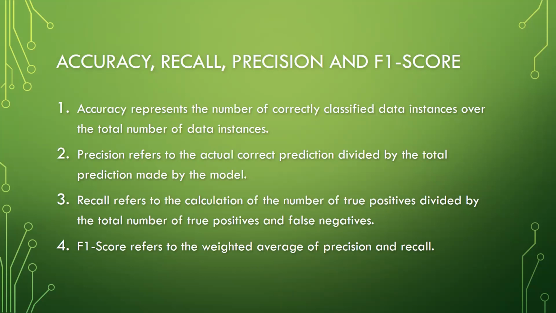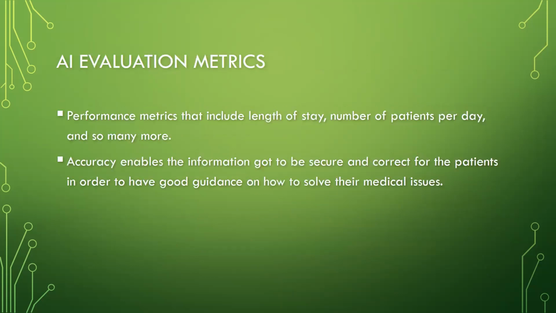Then recall refers to the number of true positives divided by the total number of true positives and false negatives. And then the F1 score refers to the weighted average of precision and recall, as we're seeing above.